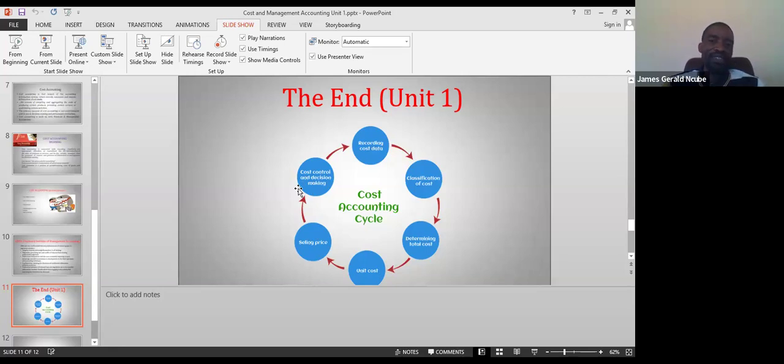And then decisions must be made depending on the performance that would have been achieved. There can be decisions sometimes maybe to change the price, maybe the selling price is too exorbitant or anything of that sort. So there is need now to control the cost and to make decisions that are necessary in line with the performance that would have been achieved in that particular period.